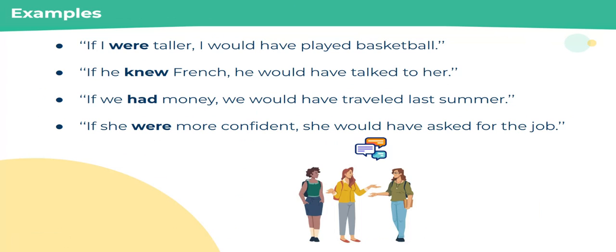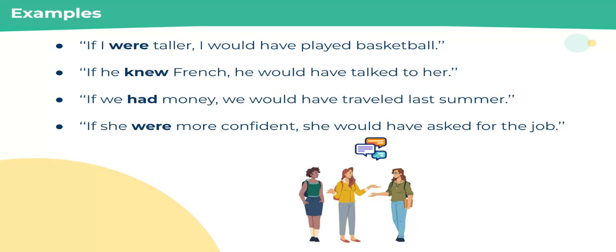If I were taller, I would have played basketball. If he knew French, he would have talked to her. If we had money, we would have travelled last summer. If she were more confident, she would have asked for the job.